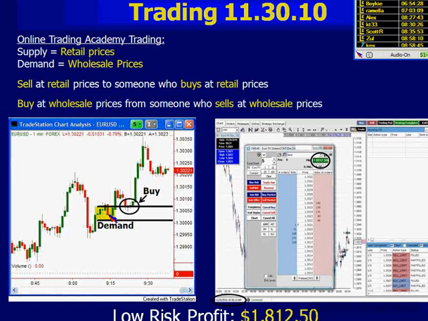Now, why was I interested in demand levels and not supply levels on such a small time frame this morning? Because of where we're at in the larger time frame. So as soon as price popped up with this green candle here, that told me that there's more willing demand here. That's the only reason why prices popped up. When prices came back down to this level, I had a very low risk, higher reward buying opportunity.